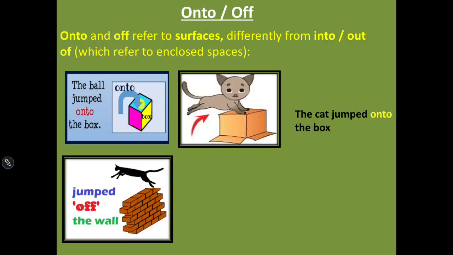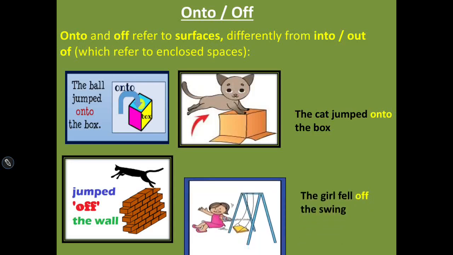And off, what is off? Jumped off the wall. When a person or a thing jumps from the surface to the lower part or down, then we say off. Just as you can see, the cat jumped off the wall.